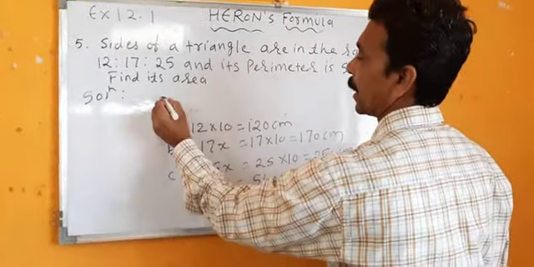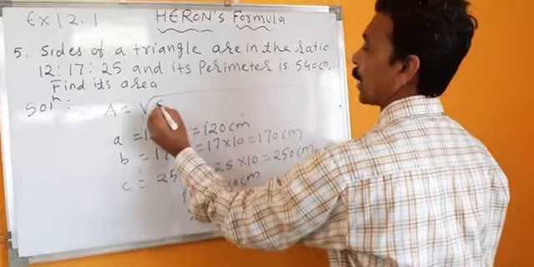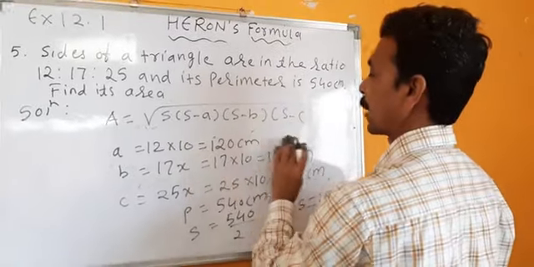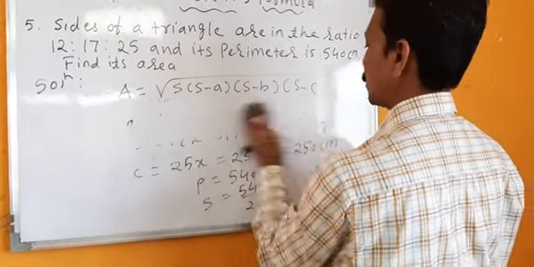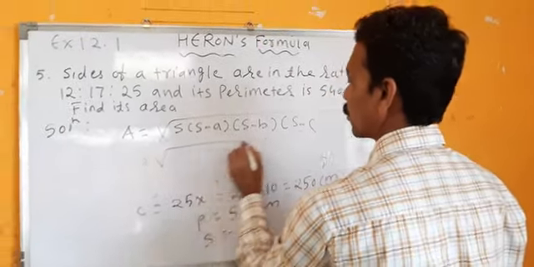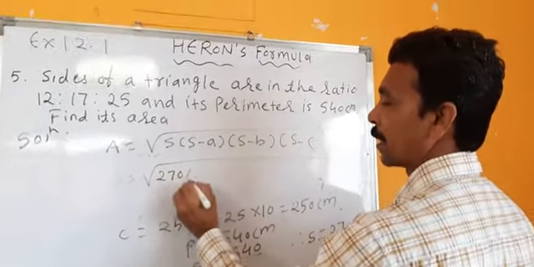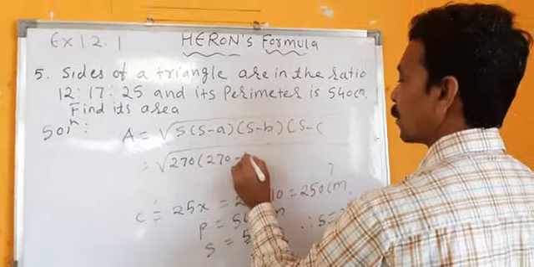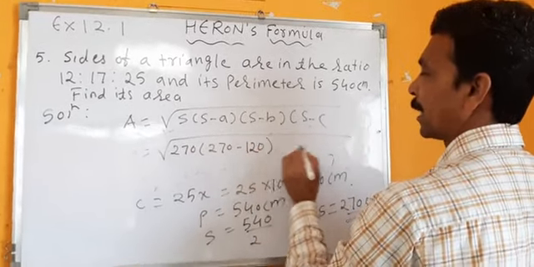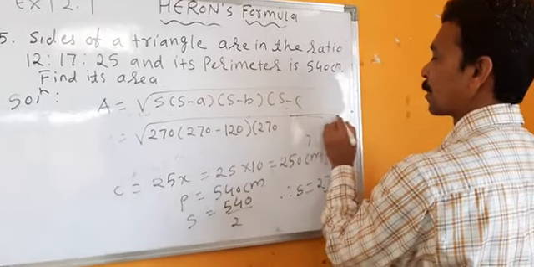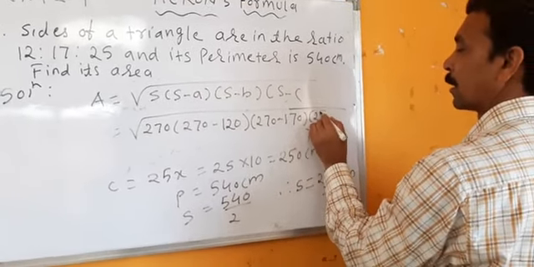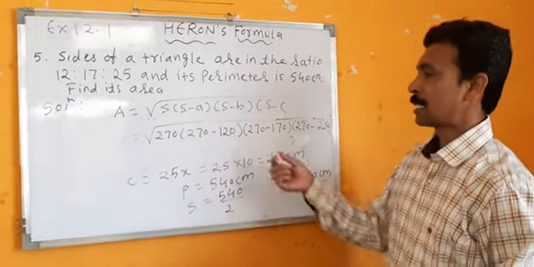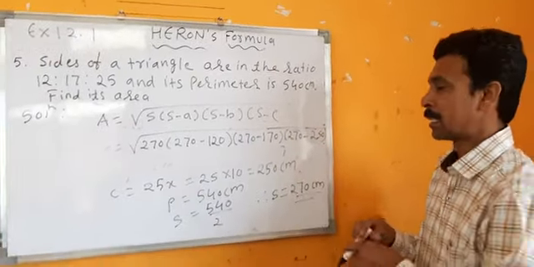Area is equal to under root S into S minus A into S minus B into S minus C is equal to 270 into 270 minus 120, into 270 minus 170, into 270 minus 250, because this is A, B and C.